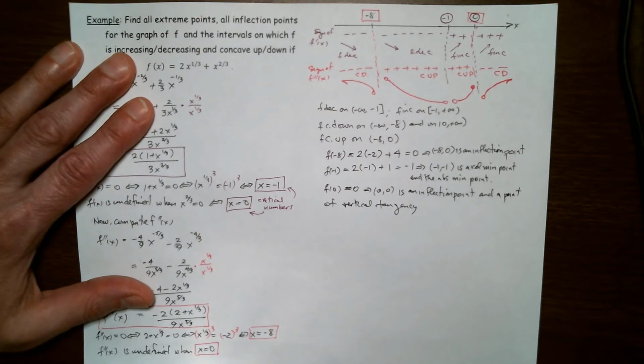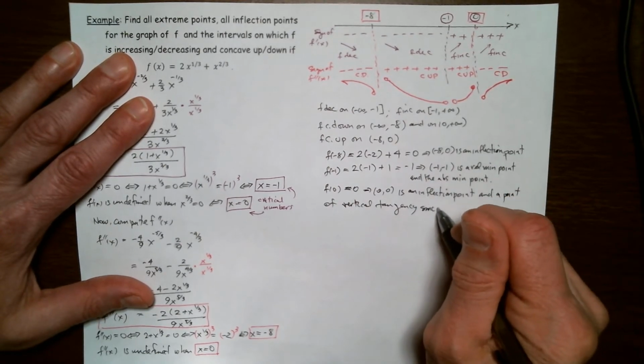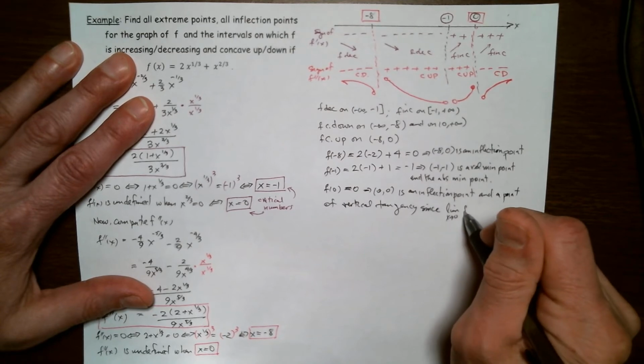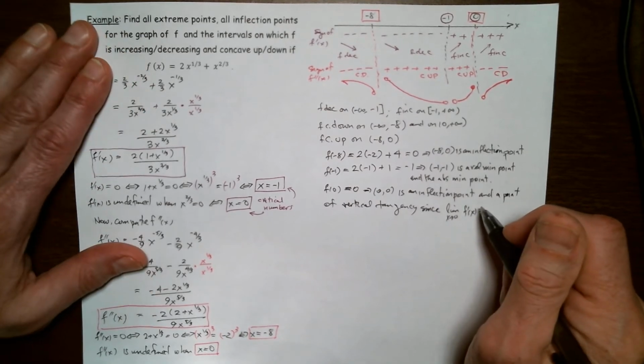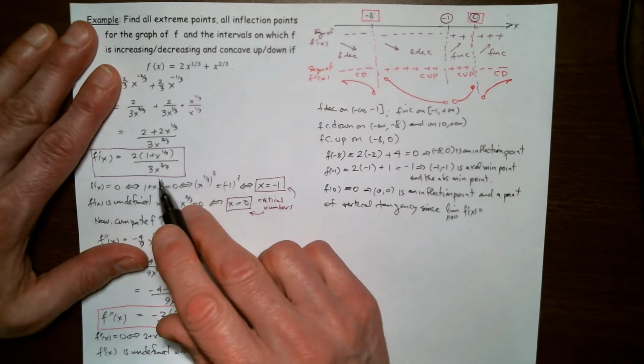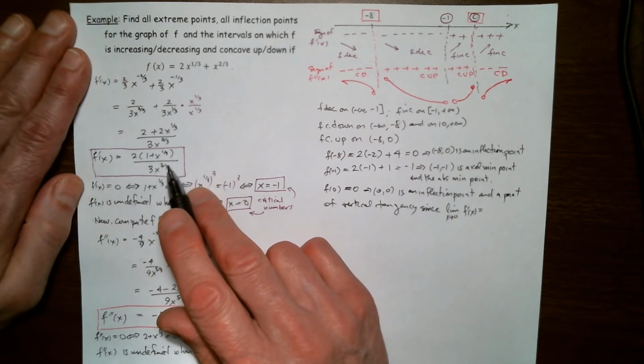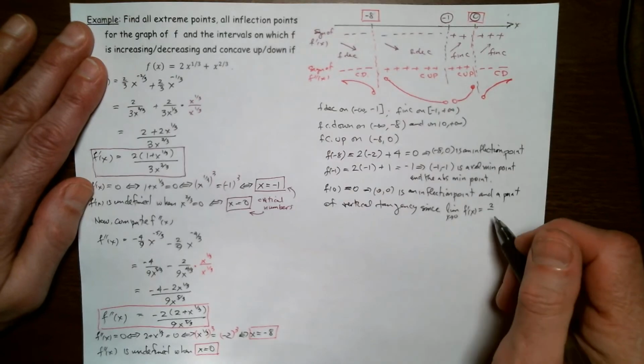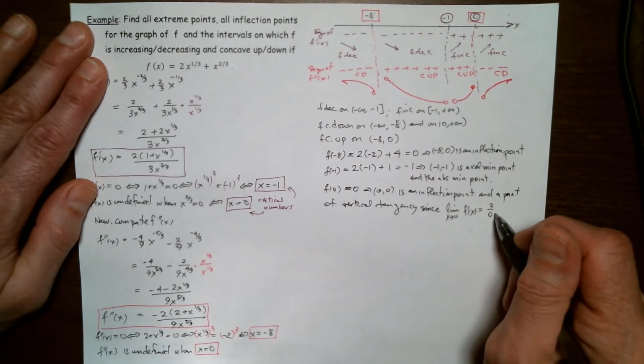And why is that, right? Since when we take the limit as x approaches 0 of the first derivative function, the numerator, you can see, clearly converges to 2 times 1, or 2, divided by 3 times something that's going to 0.